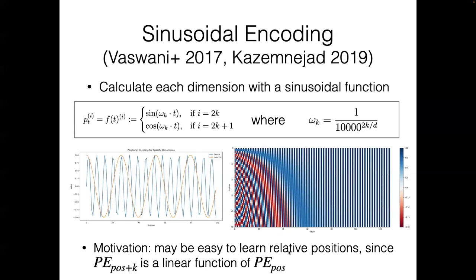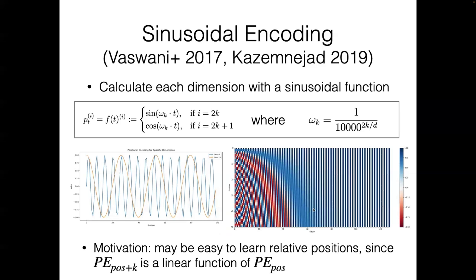They also hypothesized that maybe the network can extrapolate to longer sequences than it's been trained on because these sines and cosines have this repetitive nature. That one turned out to not actually be the case in practice. You have to do other things to get the model to extrapolate.